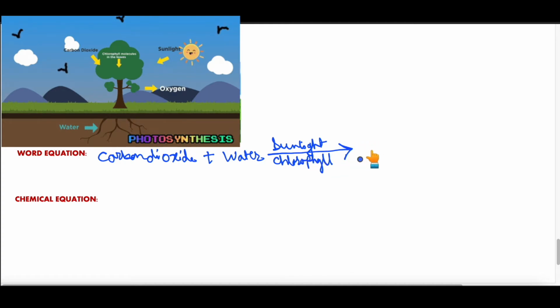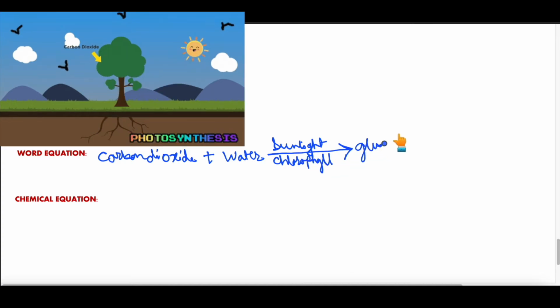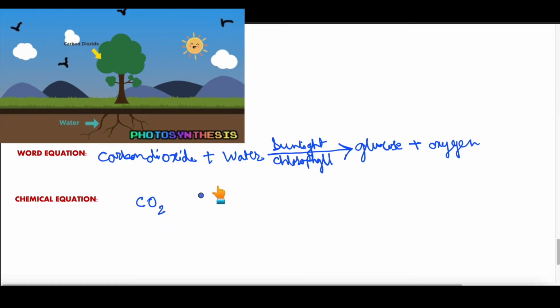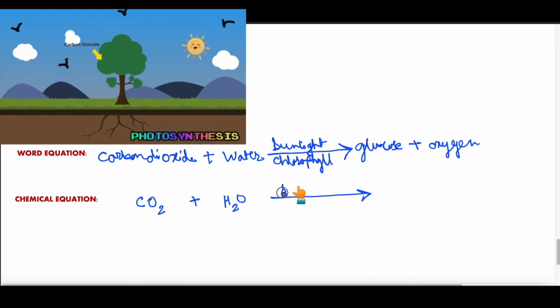As we already know from our previous videos, it gives glucose plus oxygen gas, and the chemical equation for this word equation is written as CO2 for carbon dioxide plus water H2O gives, same thing, the reaction conditions such as sunlight and the green pigment called chlorophyll are written above or below the arrow, gives glucose.